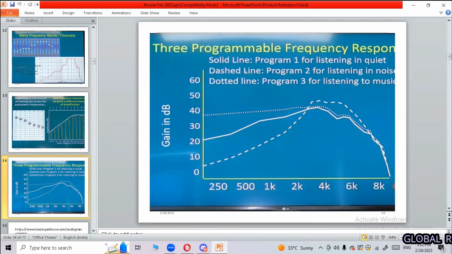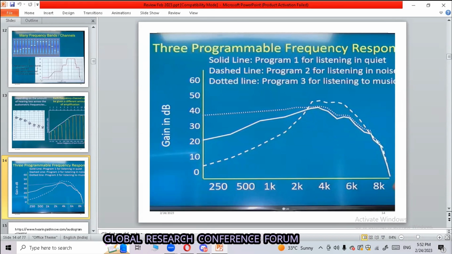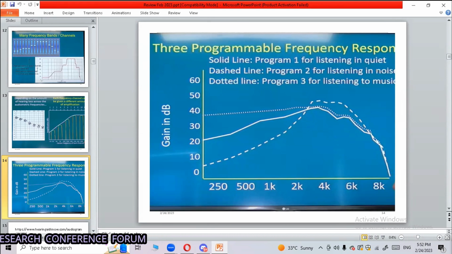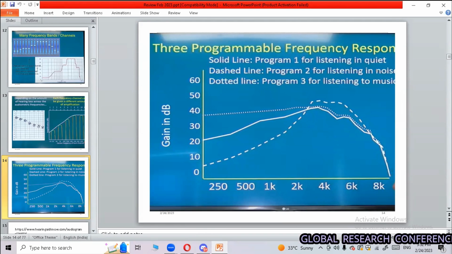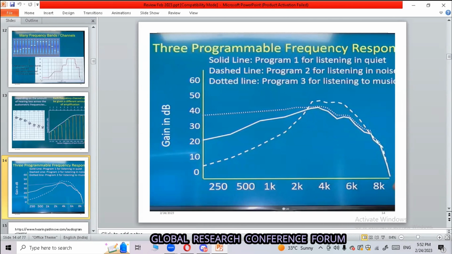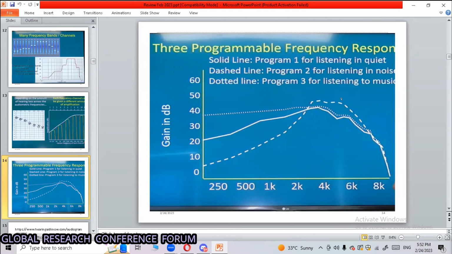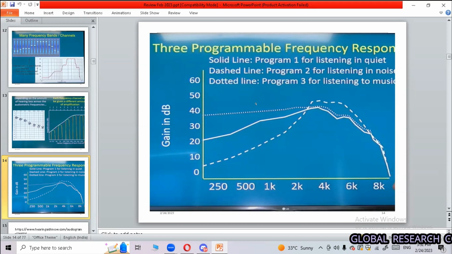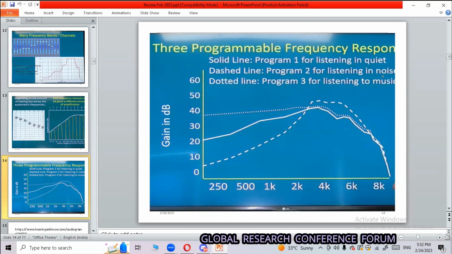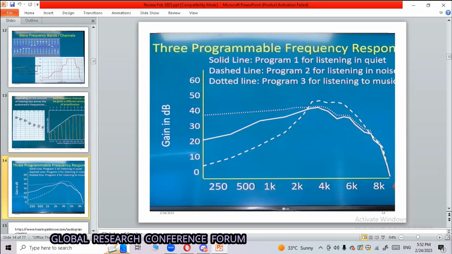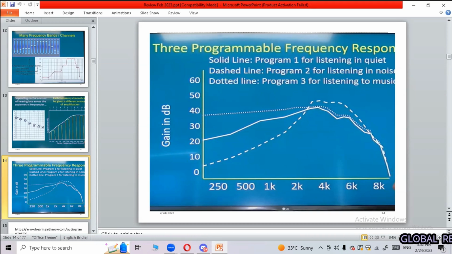The second, the dashed line, program 2, can be used to listen to noise where there are many sources of sound, like an orchestra where a number of instruments are involved, or a singer singing with a few more instruments. And the third is for listening to normal music, where the source of sound is one.